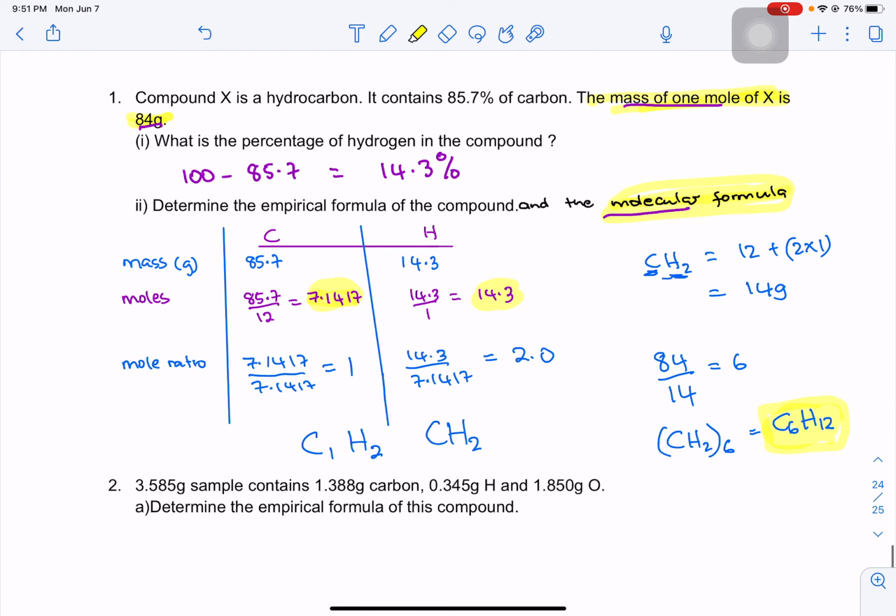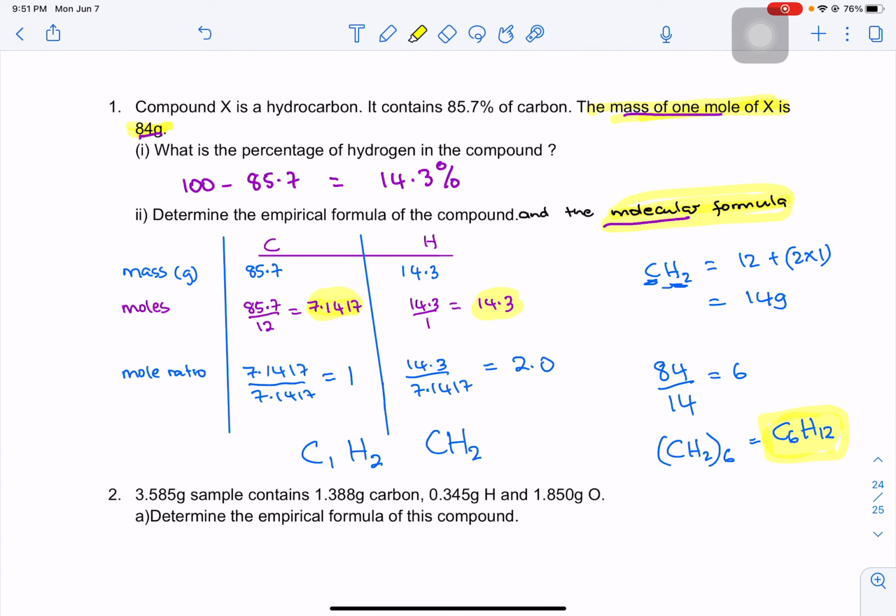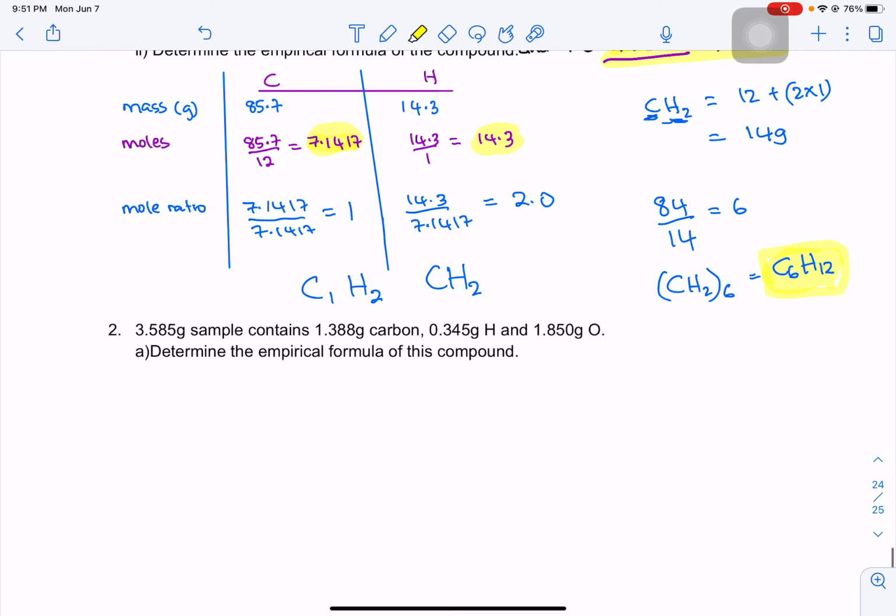Okay? And again, converting the mass from percent is not the only way this question can be asked. Here is another question. It says a sample of 3.585 grams contains carbon, hydrogen and oxygen. We set up carbon, hydrogen, oxygen.